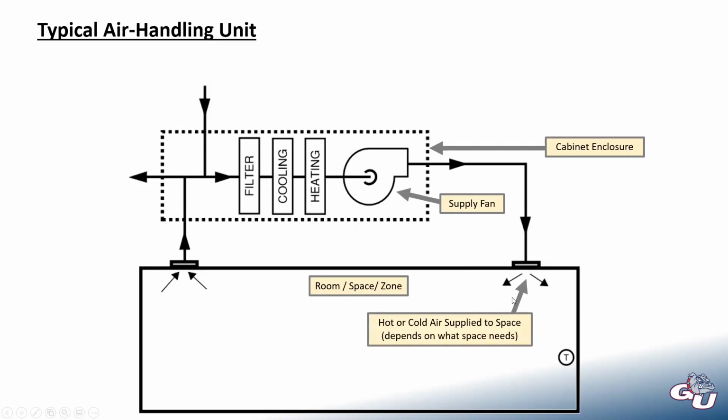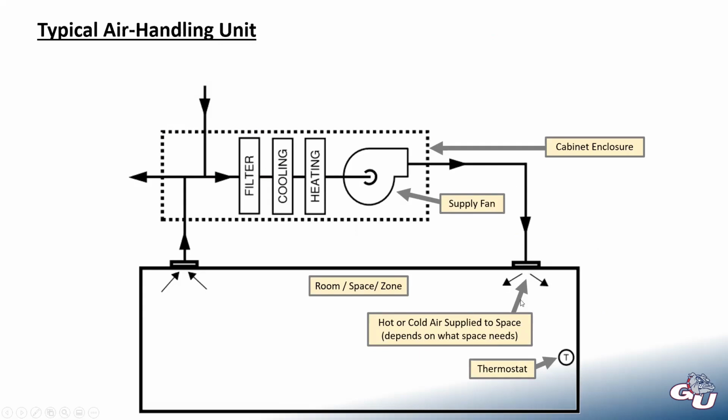You're going to be blowing in your hot or your cold air from your unit, and whether it's blowing hot air or cold air depending on what the space needs, that's all based on this thermostat. So the thermostat is telling you how warm it is in the space and then telling this unit what to do.